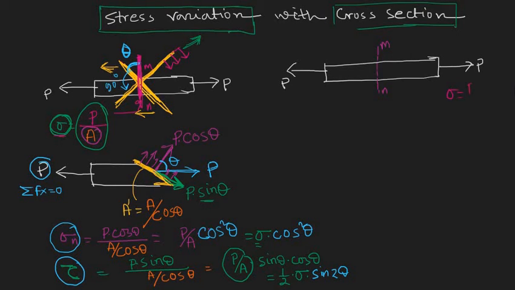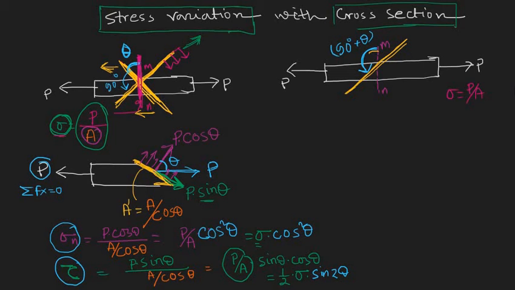Sigma was P by A, and now we have taken our section like this. This is the plane with an angle of 90 degrees plus theta.